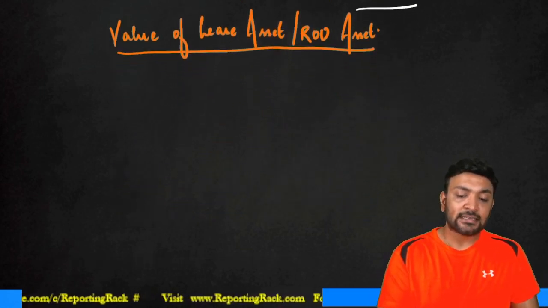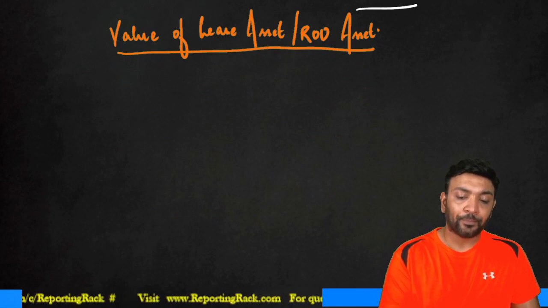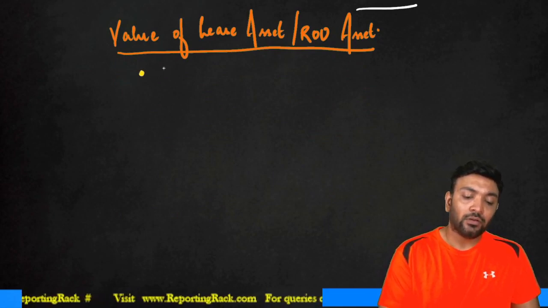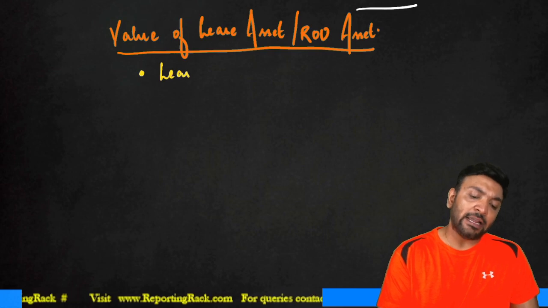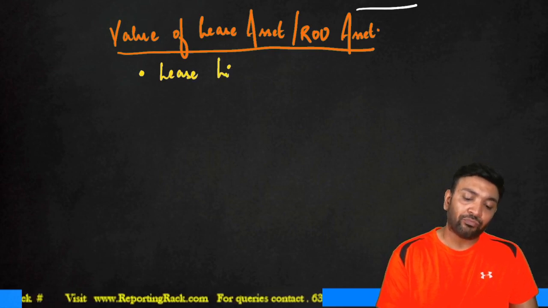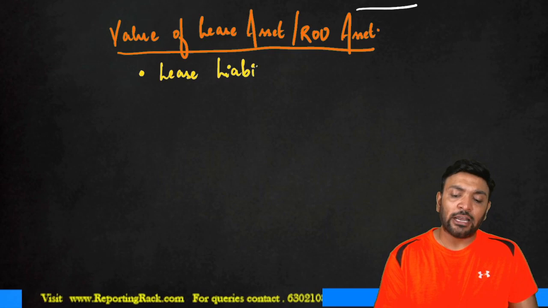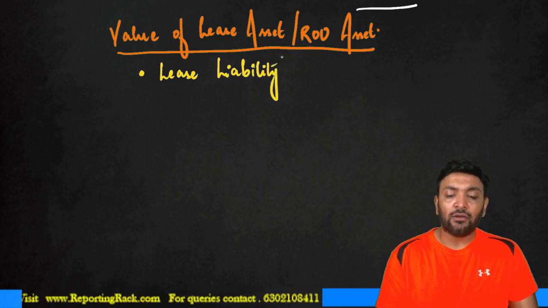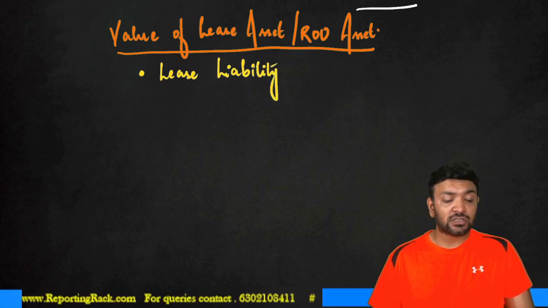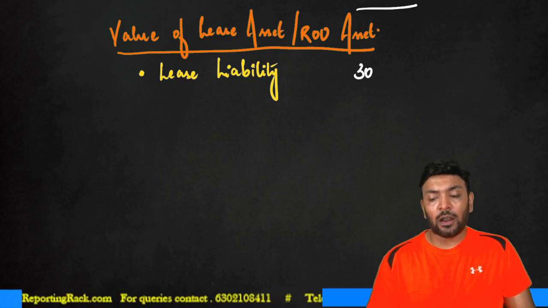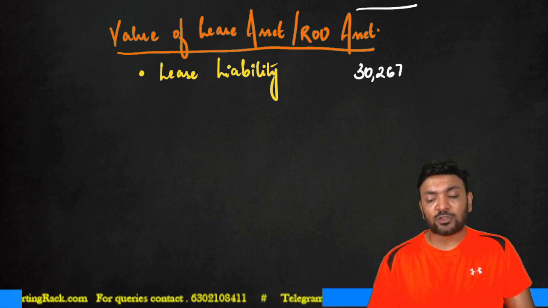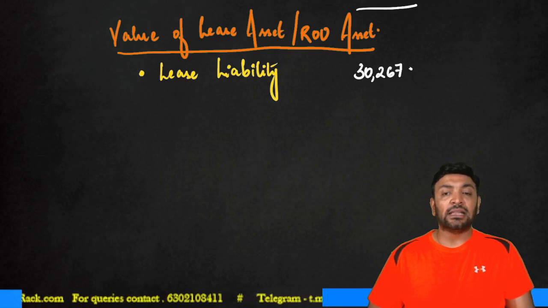First, start with the value of lease liability. We already know the value of lease liability, which is the discounted cash flows of all payments made after the commencement of lease, 30,267.